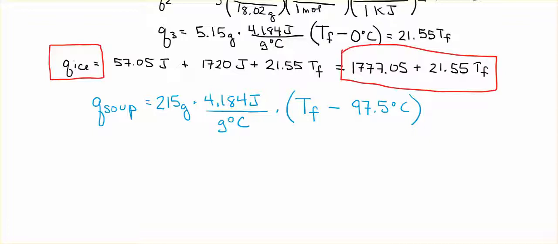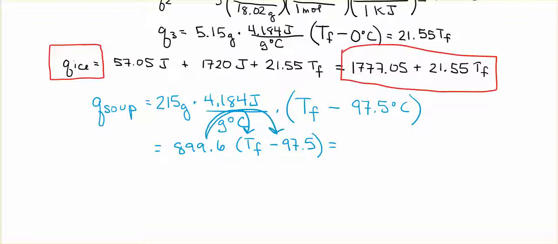So the Q of the soup is equal to, this one gets a little complicated because we've got this T final in here. We're going to do your guys' favorite thing, 215 times 4.184, that equals 899.6 times T final minus 97.5. We're going to distribute now. That distributes in.